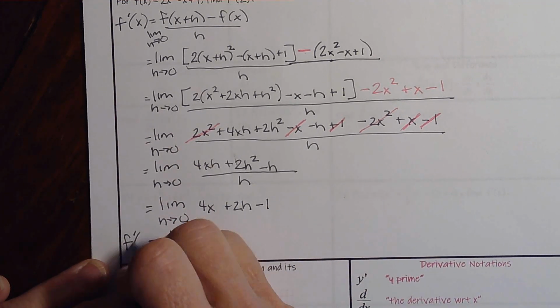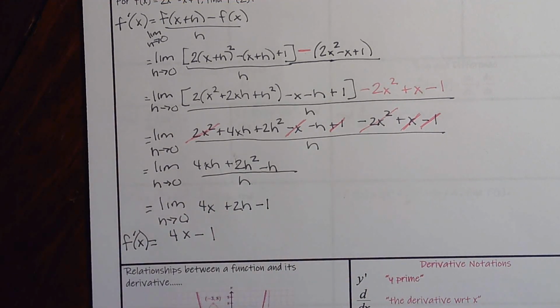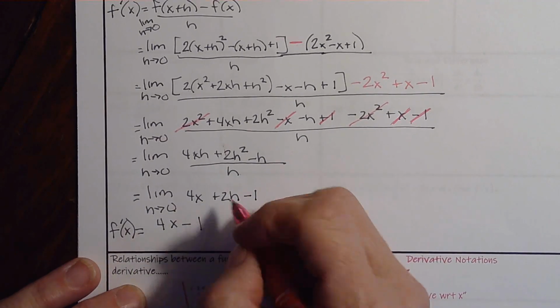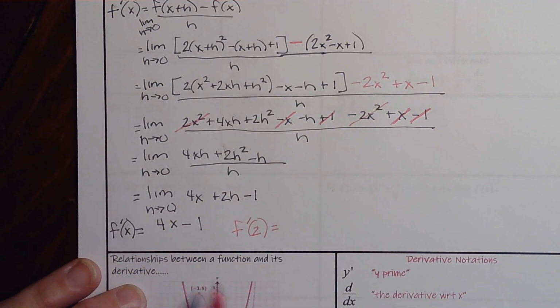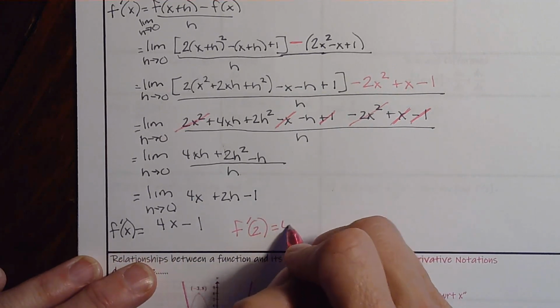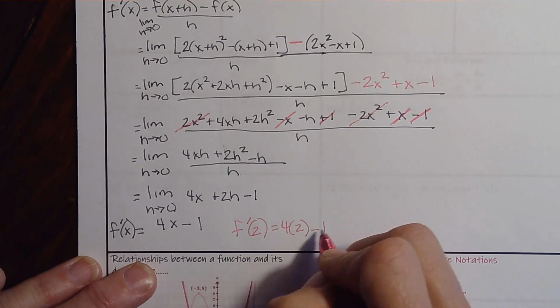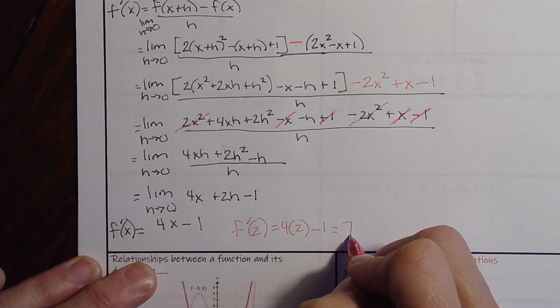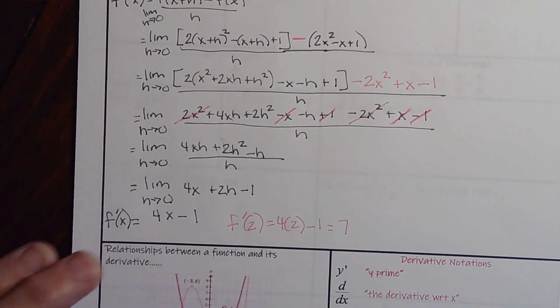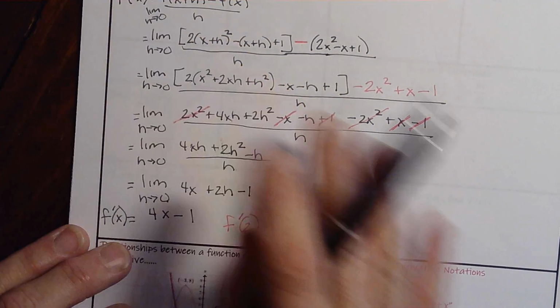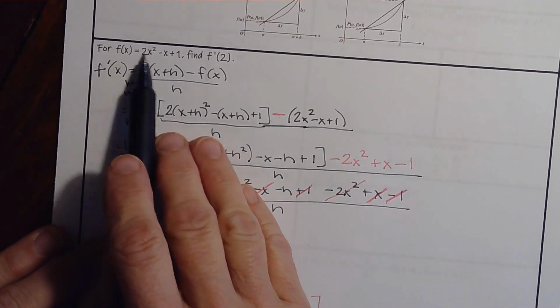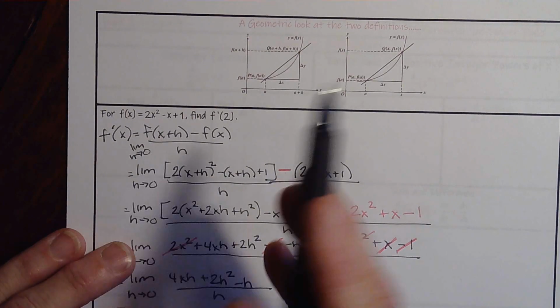This is the equation for the derivative, which allows me now to find f prime of 2. And that would be 4 times 2 minus 1, which is going to equal 7. So, whatever this graph looks like, I know that this is a quadratic.